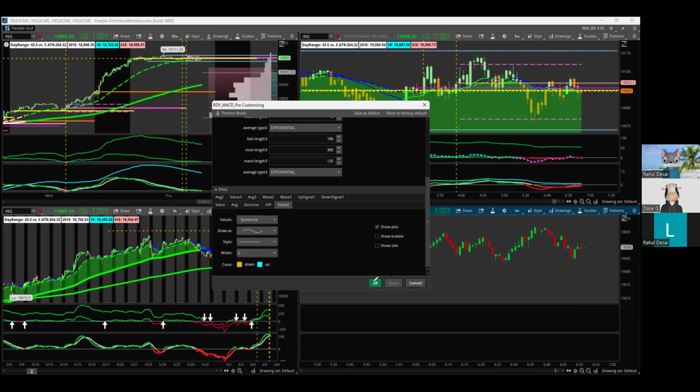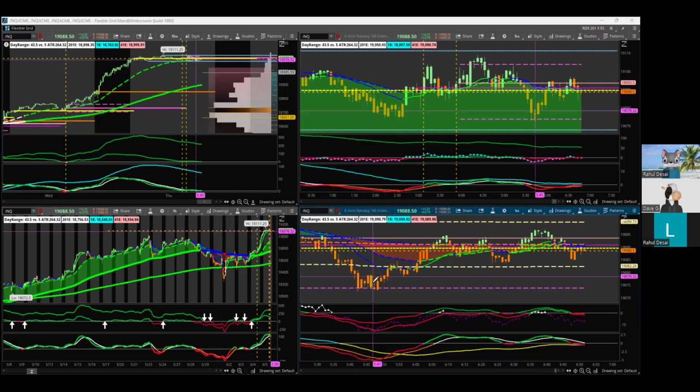Yeah, I'm just saying, if you keep it simple, don't get too entangled with just the waves on their own. The only issue with the waves is that because we don't have a multi-time frame wave option, you have to rely on looking at the wave for the 1 and the 5 separately.